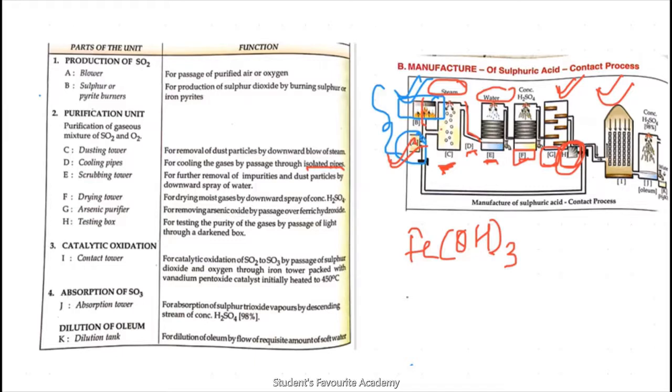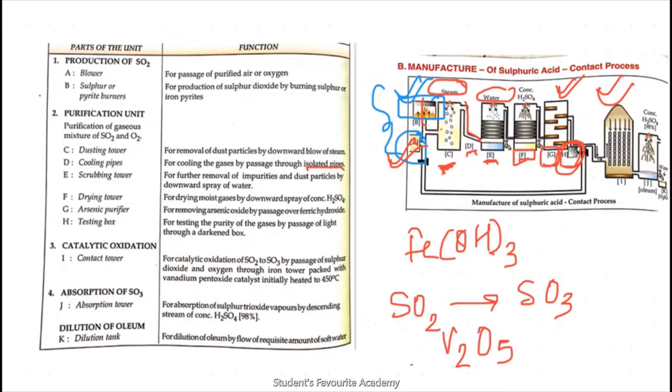Okay, children, so what is happening here? In this process, I want to oxidize SO2 and convert it into SO3. And how am I going to do this? There is a tower in which the sulfur dioxide and oxygen react, and the catalyst that I'll be using is vanadium pentoxide, that is V2O5.